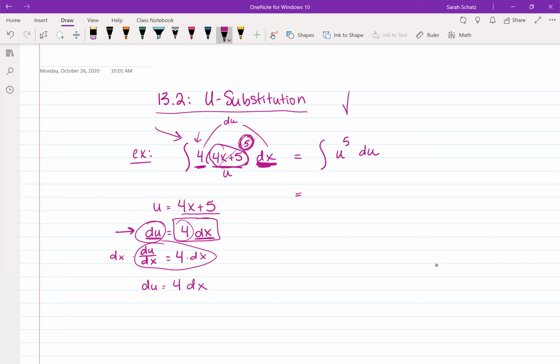But do you think you could take the antiderivative of this? Isn't it a lot simpler? U to the 5th du, that's just a normal power rule. They are u's, but remember, it really doesn't matter. They could be x's, they could be t's, they could be y's. If you're taking the antiderivative of u to the 5th with respect to u, it's just basic power rule.